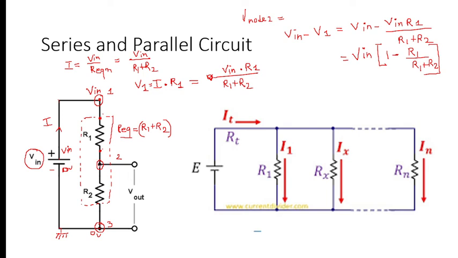So this voltage is actually in between the voltage V in and the reference voltage. I hope you have understood all of the factors of a series circuit. Thank you.